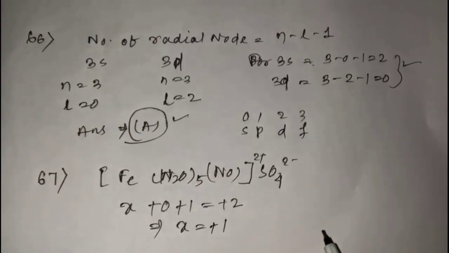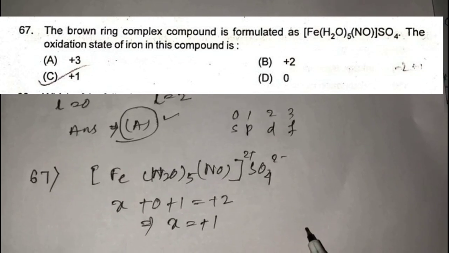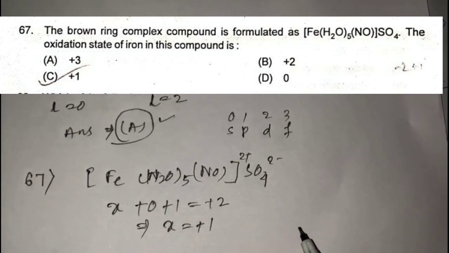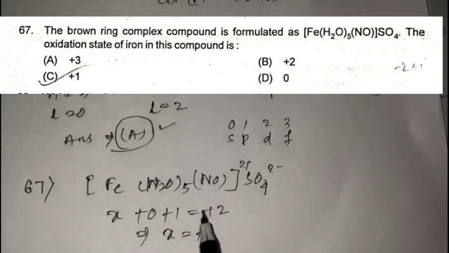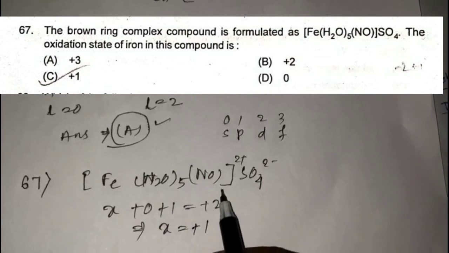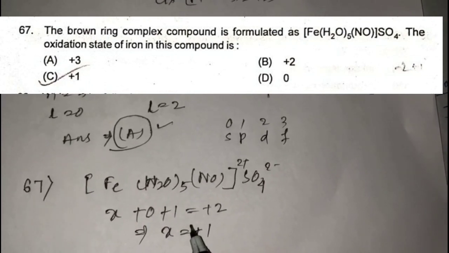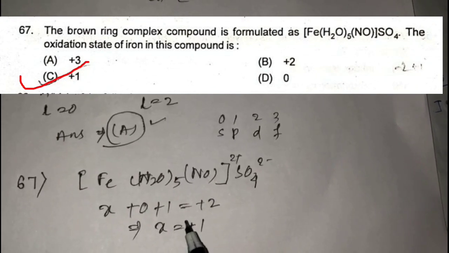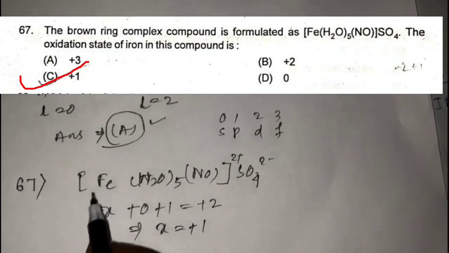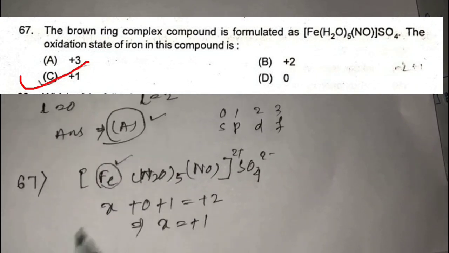Question number 67. The brown ring complex compound is formulated as Fe water 5NO SO4. The oxidation state of iron in this compound. They have asked to calculate the oxidation state of iron.